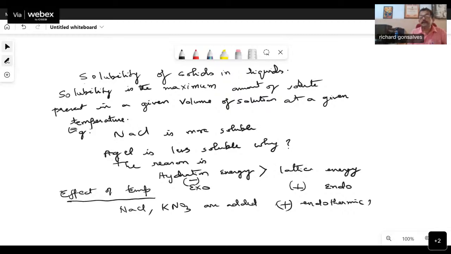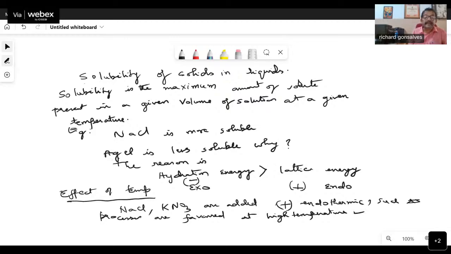Then such processes, I don't say reactions, such processes are favored at high temperature. All endothermic reactions are favored at high temperature.